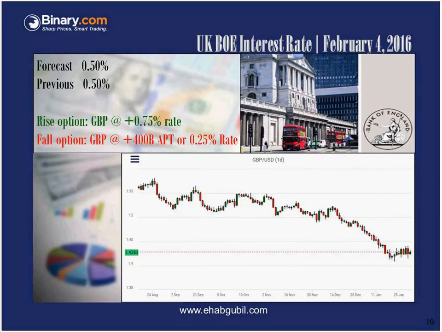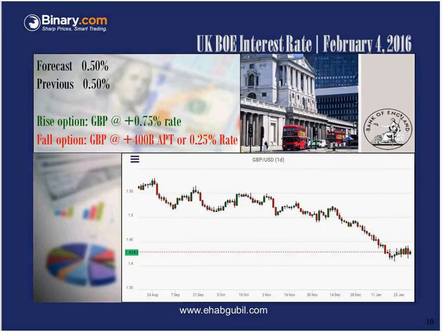So if the Bank of England hikes the rate to 0.75%, we will make a rise option. A surprise increase to 400 billion or more in the APF. APF is quantitative easing in the UK, and it is released at the same time as the interest rate.